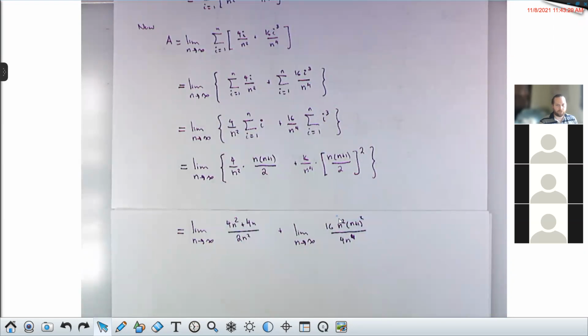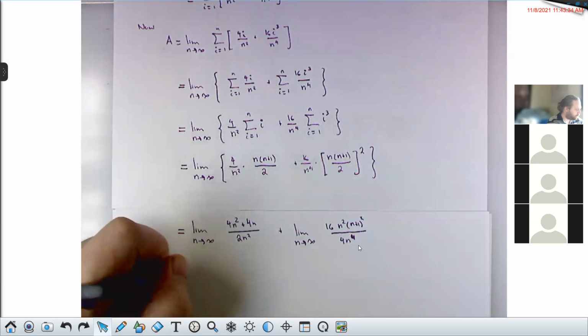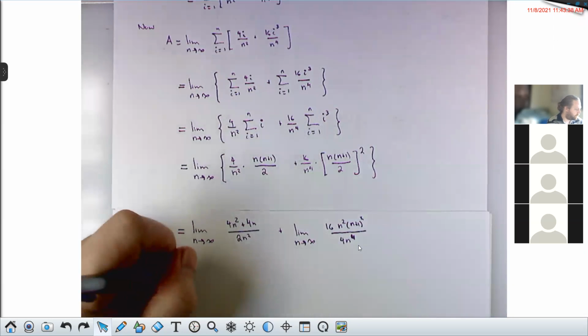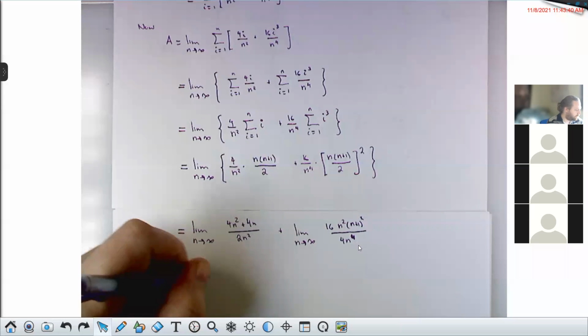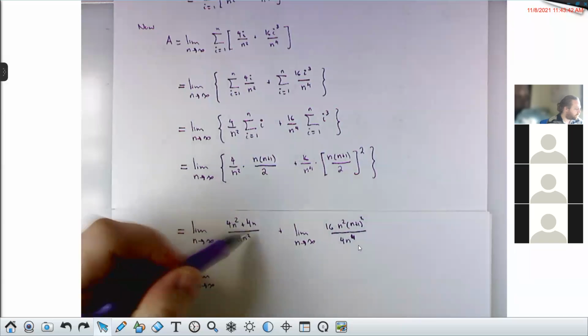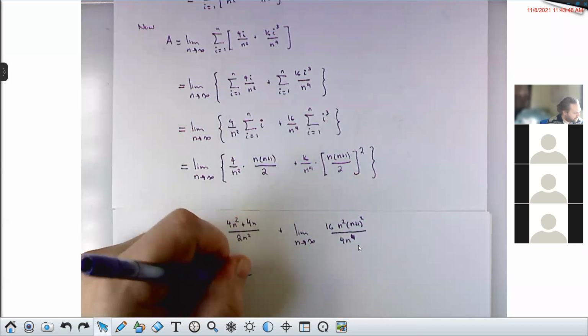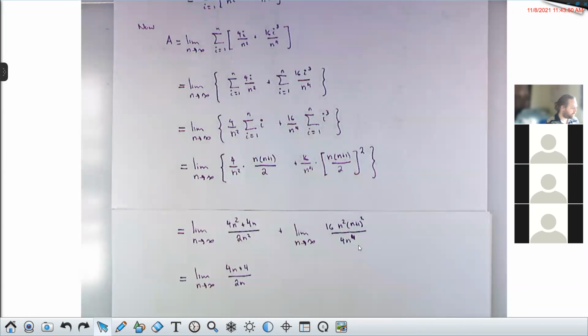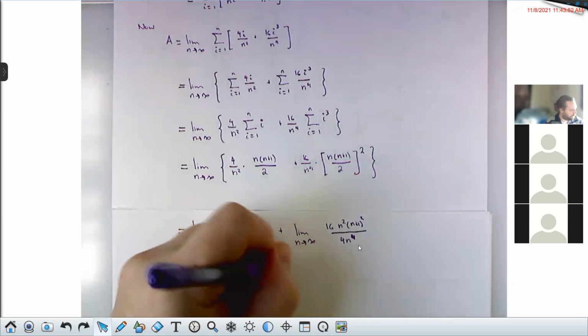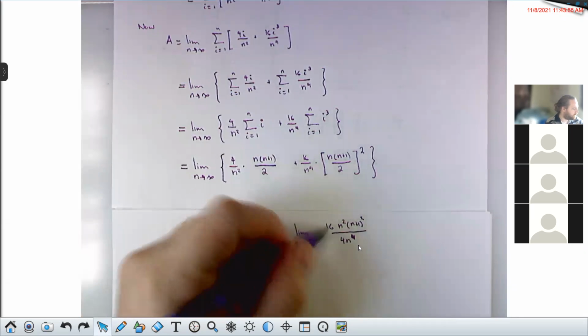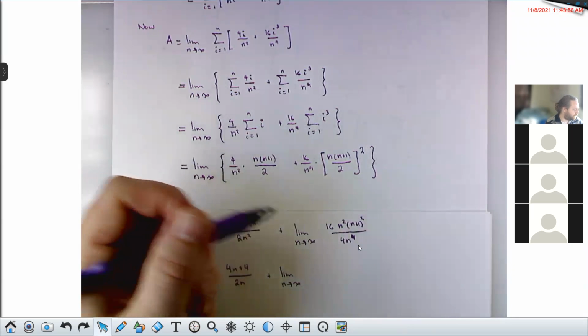First, maybe let's cancel n squared and n to the 4. And in the first piece, I'll just leave it alone. Well, no, I can factor in canceling n. Let's do that. So this will become 4n plus 4 over 2n. And this piece will be lim n to infinity 16 over 4, we can also clean that up quite a bit.